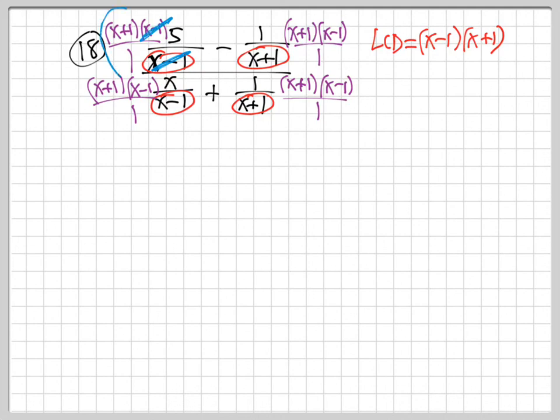What's left over in this term? 5 and x plus 1. Minus, then the next one. Cancel these x plus 1s. What's left over? 1 times x minus 1.